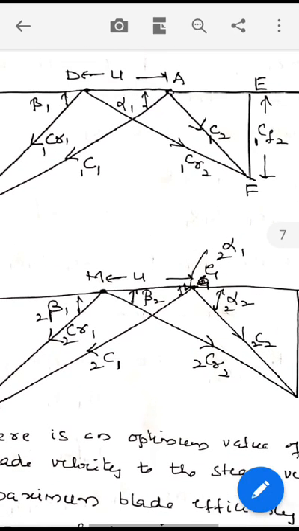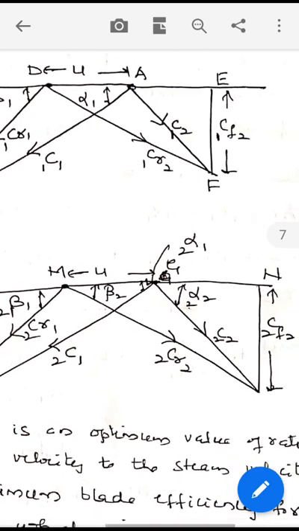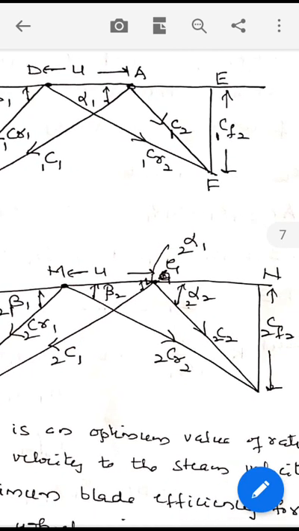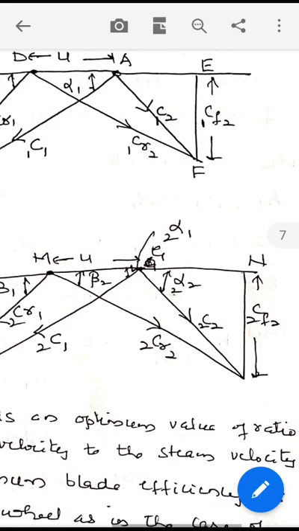Now the steam leaving the first row of moving blades enters the fixed blades or guide blades. The function of the guide blades is to guide the motion of the fluid so that it enters the next row of moving blades without any shock.